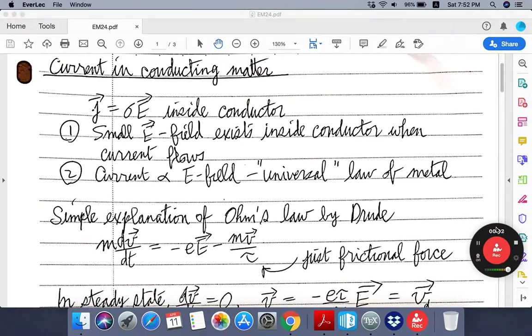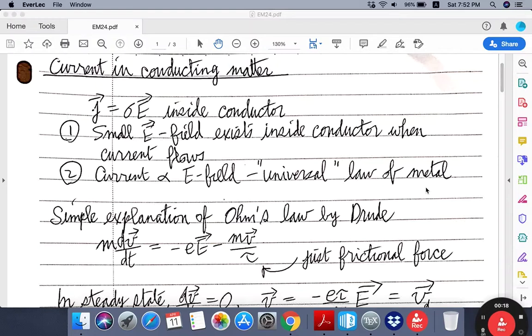Hi. So in this lecture, I'm going to switch gears quite a bit and start talking about current in a conducting matter.